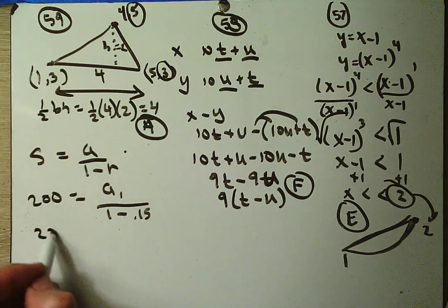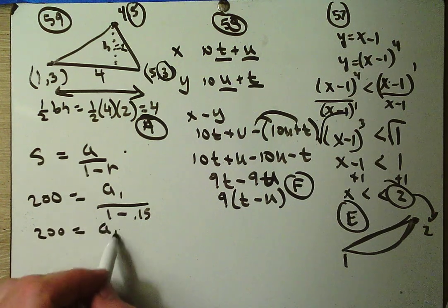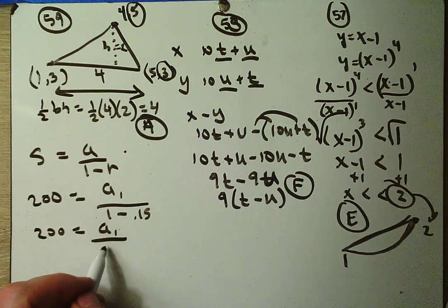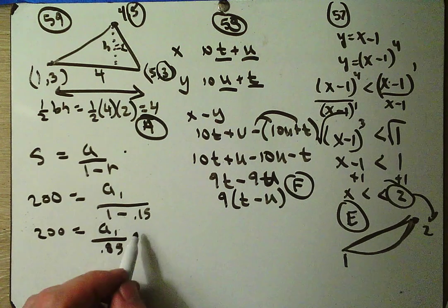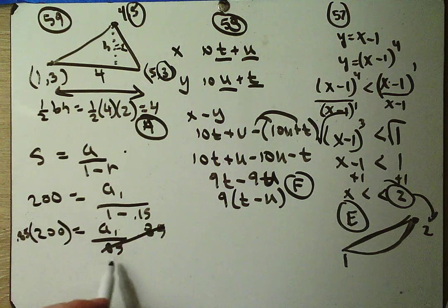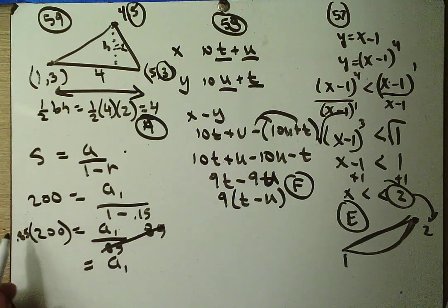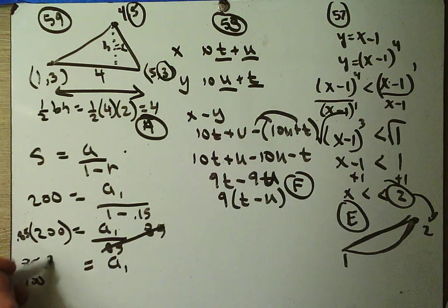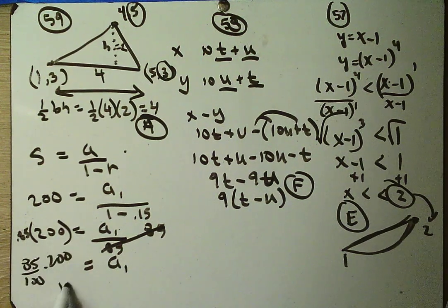Okay, so that's 200 equals A sub 1 over 0.85. If I multiply both sides by 0.85, I get A sub 1 equals 85 over 100 times 200, or 170.